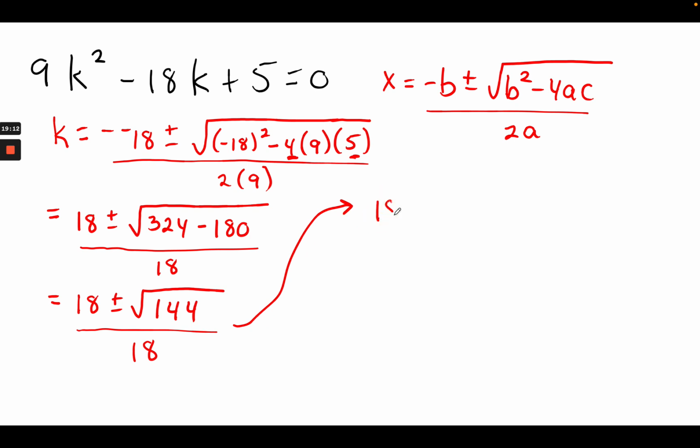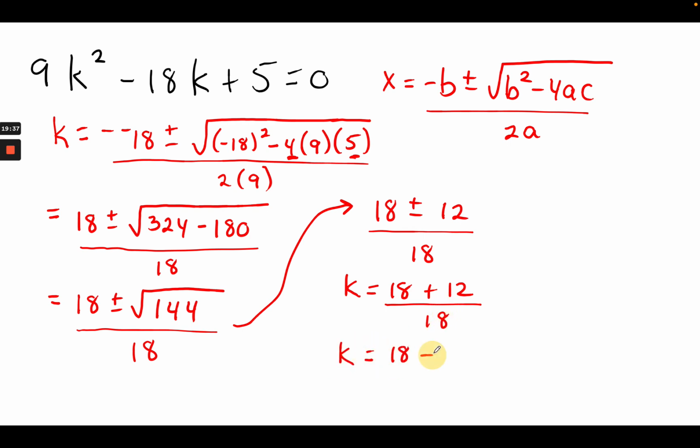So we get 18 plus or minus the square root of 144 is 12, over 18. So we have K equals 18 plus 12 over 18, and K equals 18 minus 12 over 18.